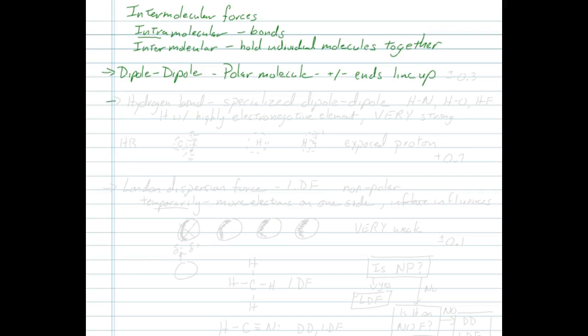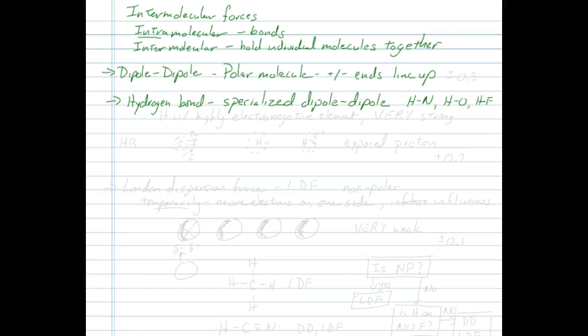The next type of bond we're going to talk about is a hydrogen bond. A hydrogen bond is a specialized dipole-dipole, so it's between two polar molecules, and specialized if you have a hydrogen-nitrogen bond in it, a hydrogen-oxygen bond in it, or a hydrogen-fluorine bond in it.